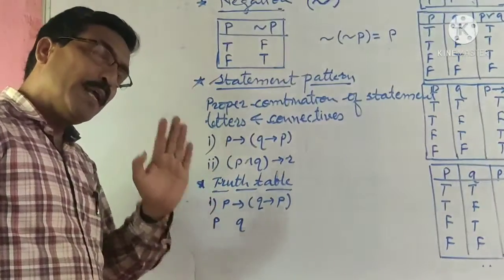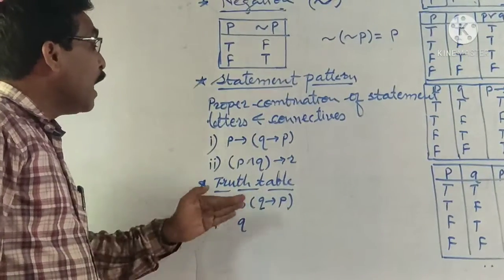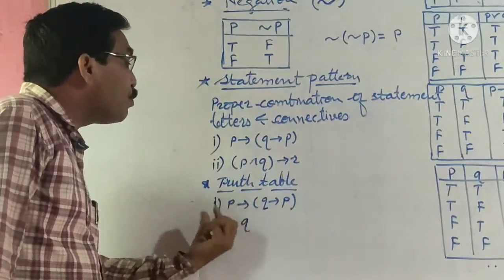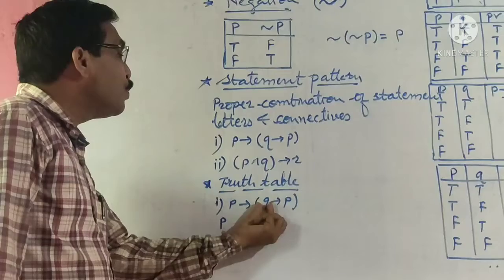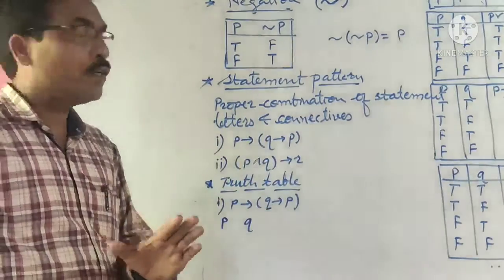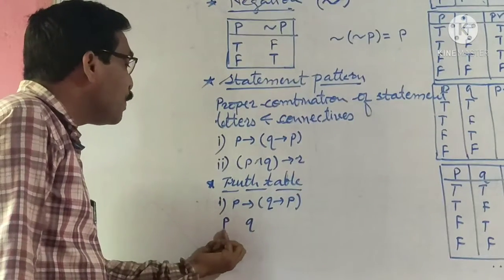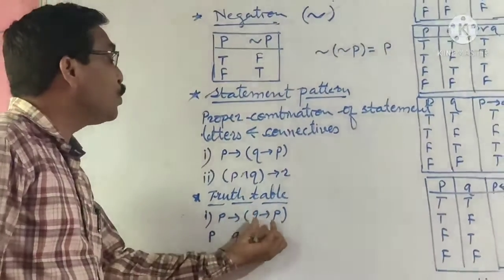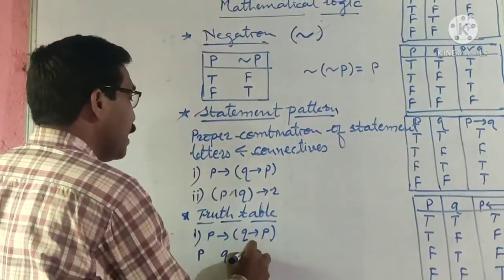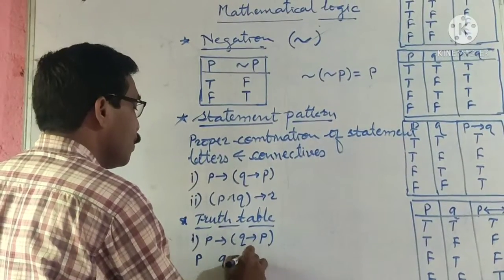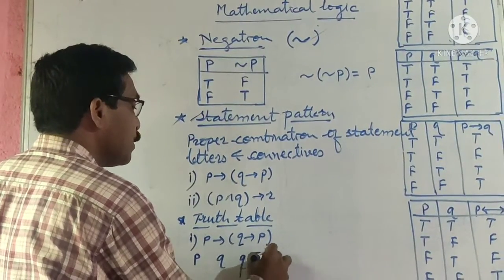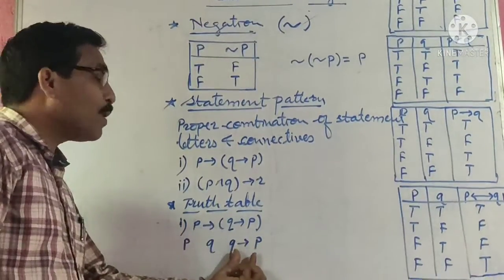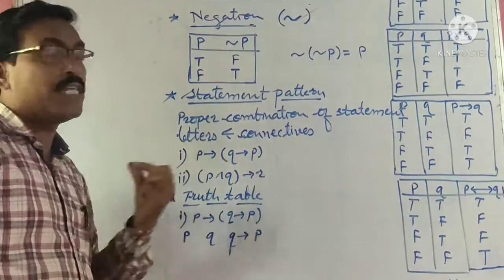So we will take their implication, but before this we have this Q and P or not. So here before this we have P and Q also. Therefore now we are ready to prepare Q implies P. So I write here in the next column Q implies P. Now Q implies P, that is this bracket, is ready.